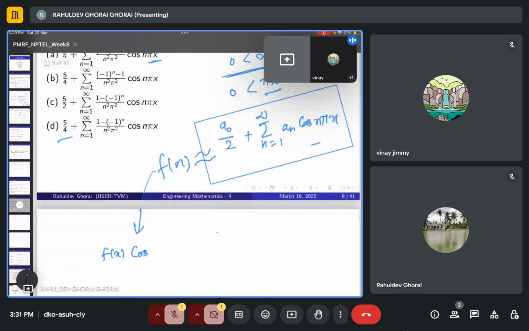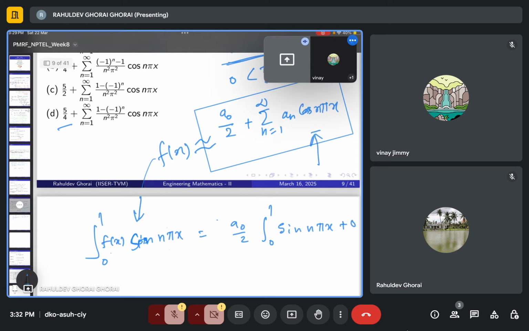So you just multiply by sine n pi x and integrate. That will be a naught by two times the integration, from 0 to 1, of sine n pi x, plus 0, because when you multiply and integrate, cos and sine are orthogonal, so that term will be 0.